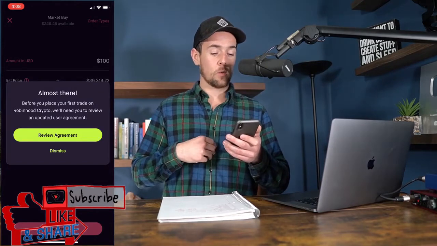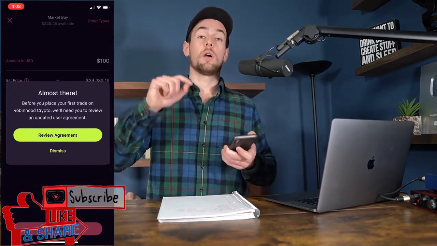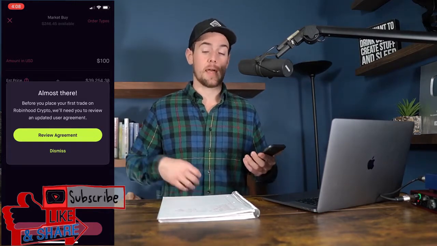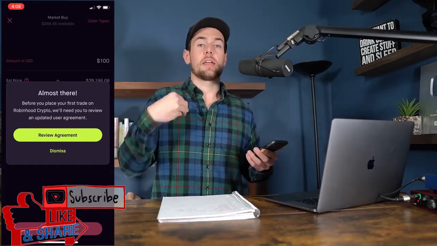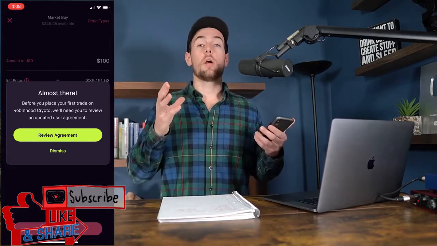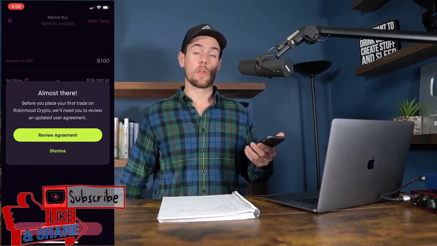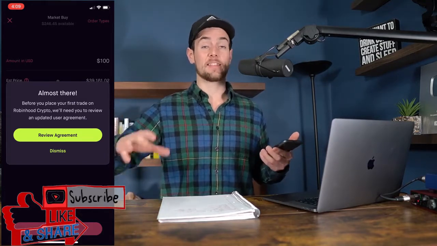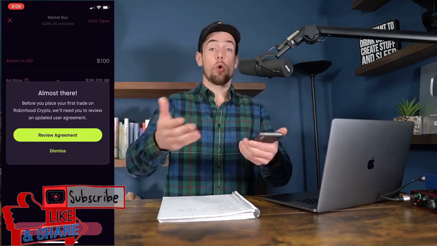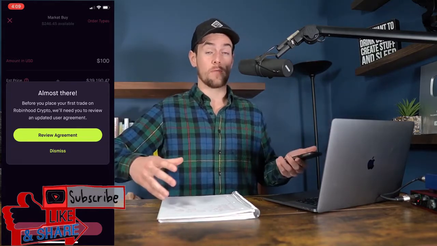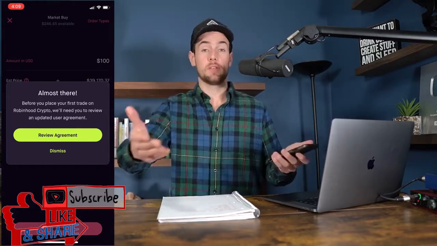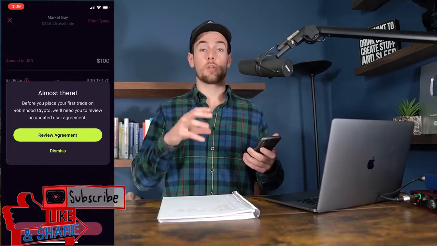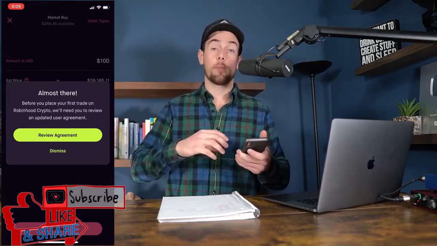And then here we are with the agreement that we have to accept before we purchase crypto. What's important to understand is that when you're buying stocks and ETFs with Robinhood, you are insured under SIPC insurance, which covers you in the event of theft of cash, theft of assets, anything like that. So if somebody stole that money or Robinhood went insolvent, you are covered under SIPC insurance. The issue with crypto is that there's no federal insurance policy insuring your crypto assets.